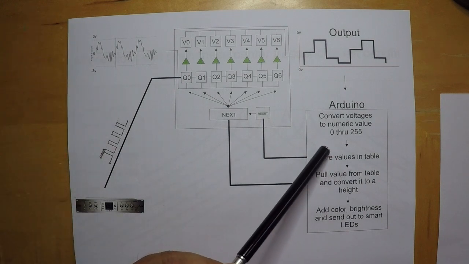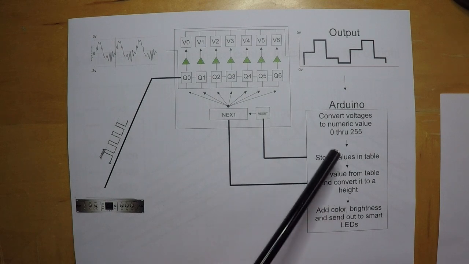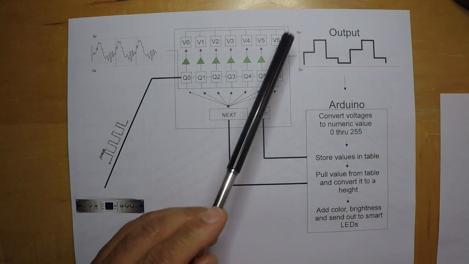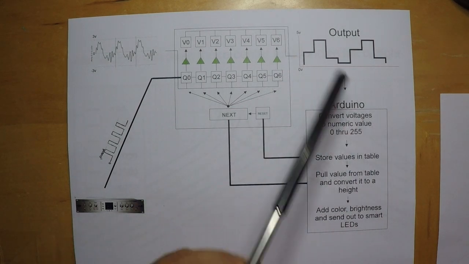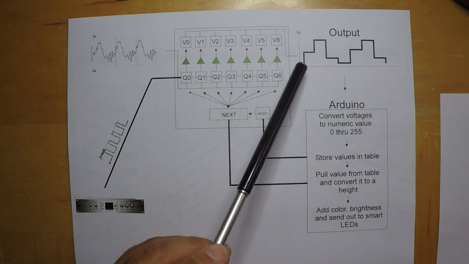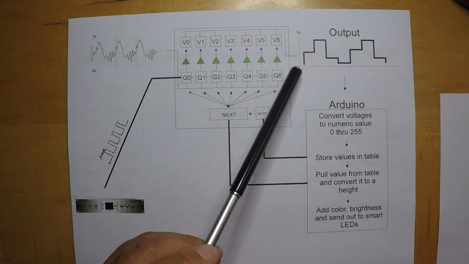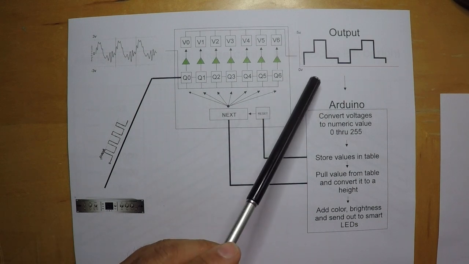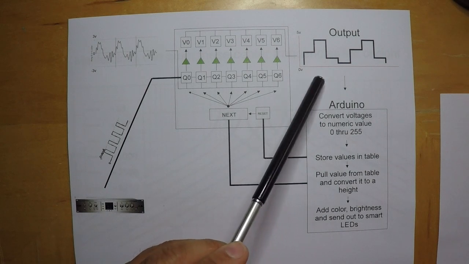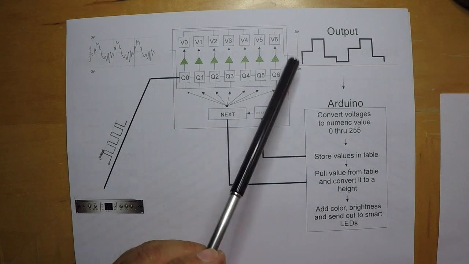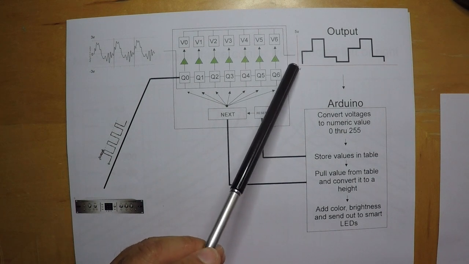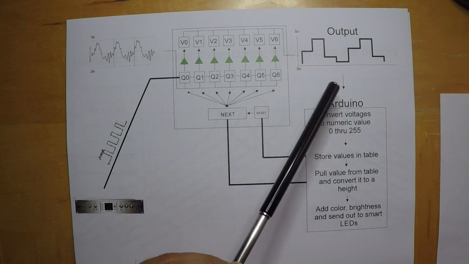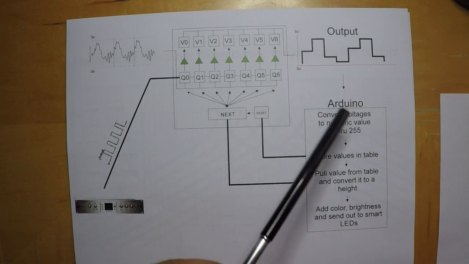Well, Arduino doesn't talk in negative voltages. Arduino only knows 0 volts as off and 5 volts as extremely loud. In fact, Arduino really only understands ones and zeros, but Arduino has something in his arsenal called an A to D converter, which is a little piece of circuitry that will convert the voltage of 0 to 5 volts to a binary number of 0 to 255.